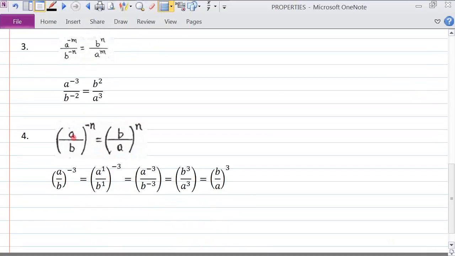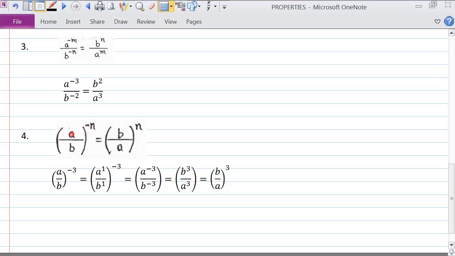So if we have a to the minus n and b to the minus n, we could just flip this. So what we can do is just say this is 1 times minus n, gives us a to the minus n, then move that down here, or just move the a down because this is raised to the minus n power, and flip this here.